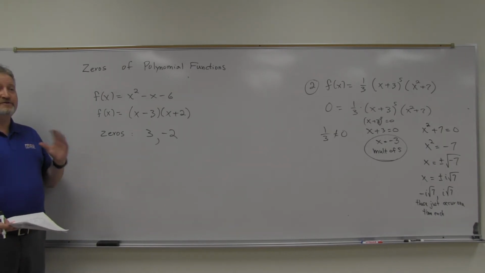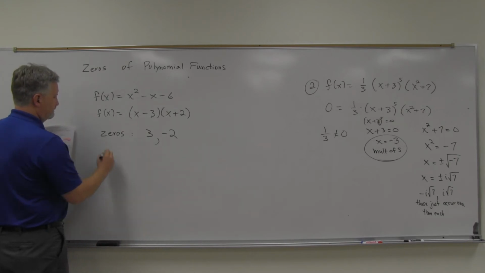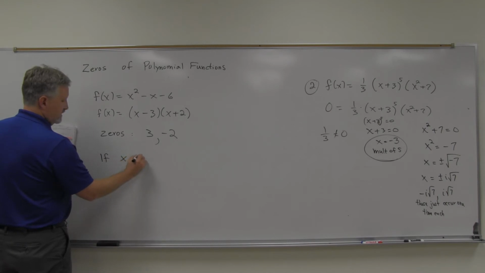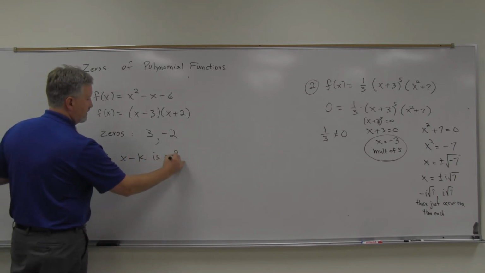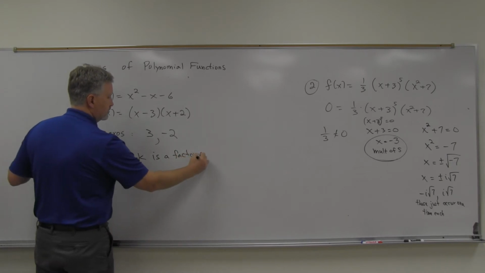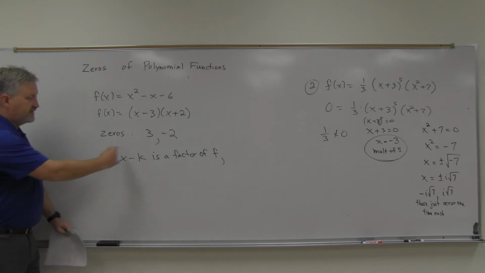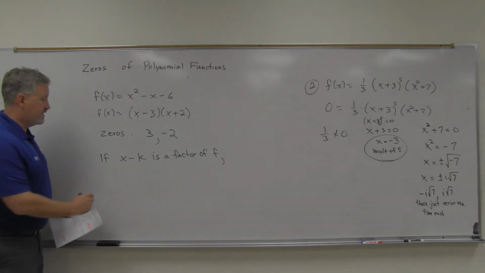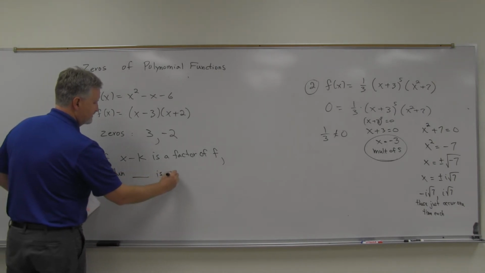Well, notice this linkage here. If x minus k, let's say, is a factor of f, if x minus a number is a factor of f, then what is a zero?